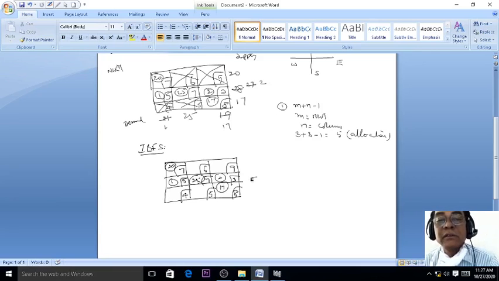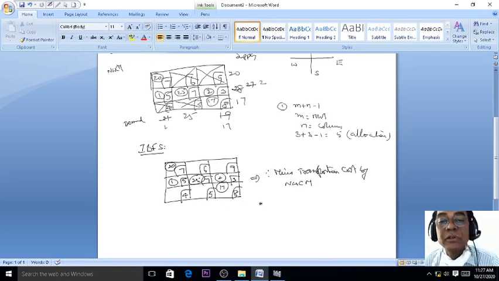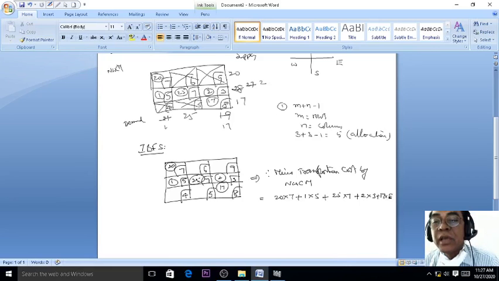So, the minimum transportation cost by NWCM is equal to 20 into 7 plus 1 into 5 plus 25 into 7 plus 2 into 3 plus 17 into 8. Please write down here.